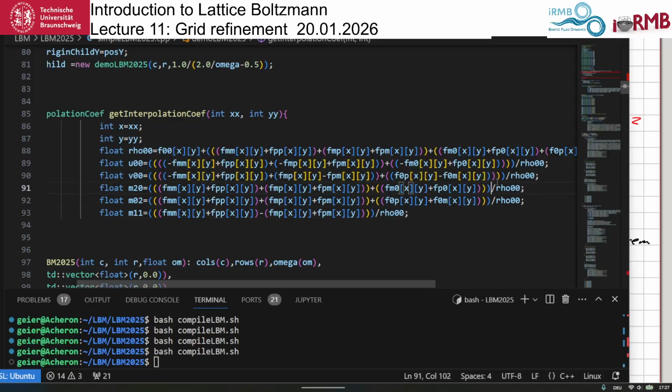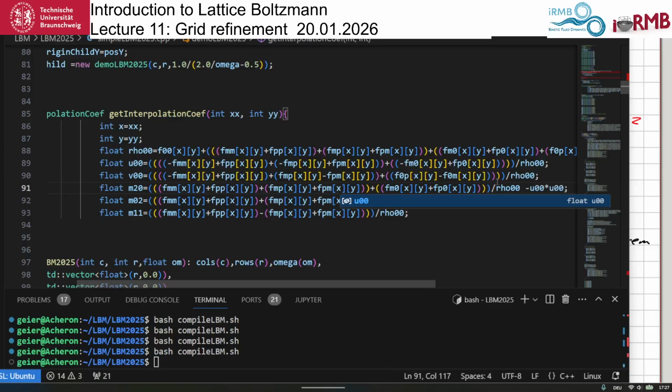So in order to make this equilibrium style, we would have to subtract here the velocity. So from this would be u00 times u00, right?